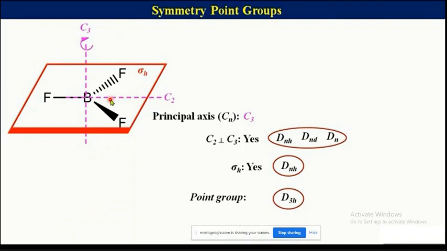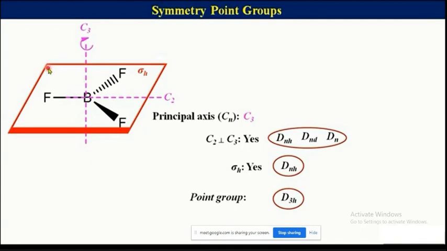So here, first C2 is present, then C3 is present. And what is their projection? It is of 90 degrees. So what are the probabilities of the point group? Either it can be Dnh or Dnd or Dn. Now the next condition is whether the molecule has sigma h or not, right?